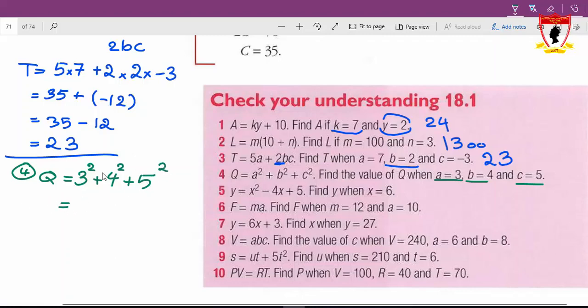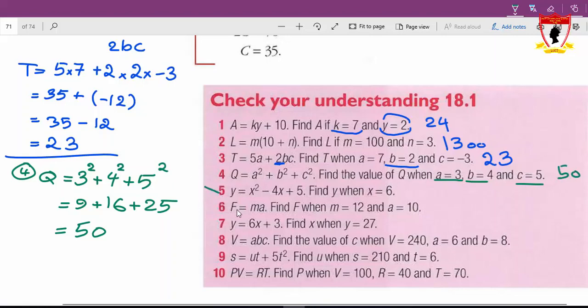Now according to BIDMAS we have to do powers before addition. 3 to the power of 2 is 9, 4 to the power of 2 is 16, 5 to the power of 2 is 25. Now add them. 9 plus 16 is equal to 25 plus 25, 50. So Q is equal to 50.